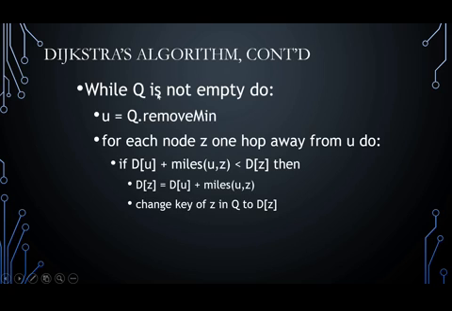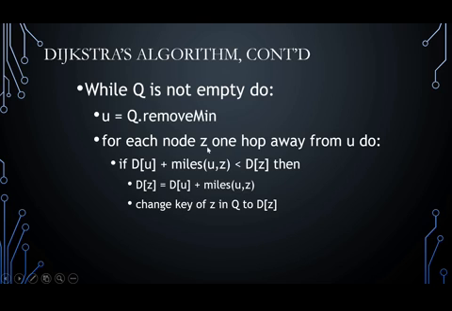So I will pick that shortest distance. While Q is not empty, what are we supposed to do? U is equal to Q dot remove min. So the minimum distance is removed from the Q, so that between V and U, I have now found a shortest path.